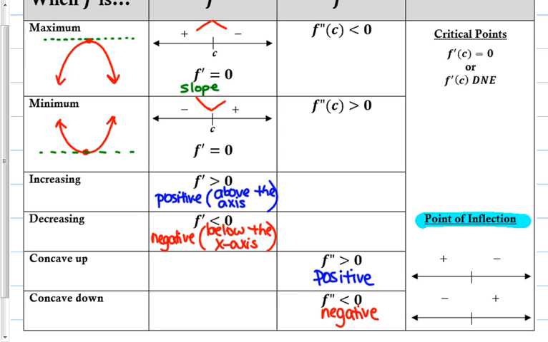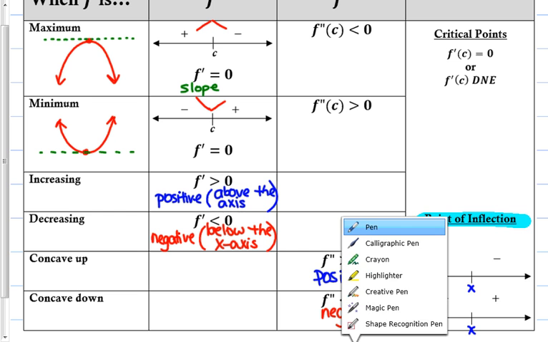So whatever x value that would have been would be a point of inflection. The second sign chart changed from negative to positive, so again, it's a point of inflection. If I ever have a sign chart that's positive, positive, there is no point of inflection. Or if I have a longer sign chart with more critical values, positive, positive, negative, positive, then there will be 2 points of inflection there, but not 3.